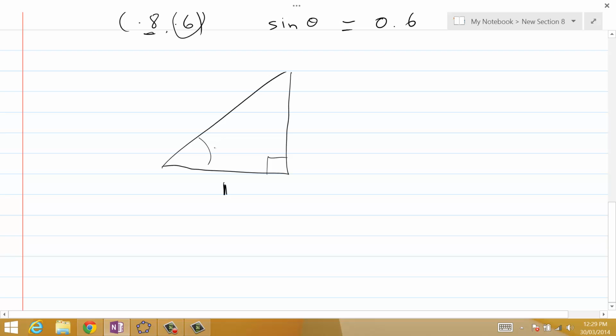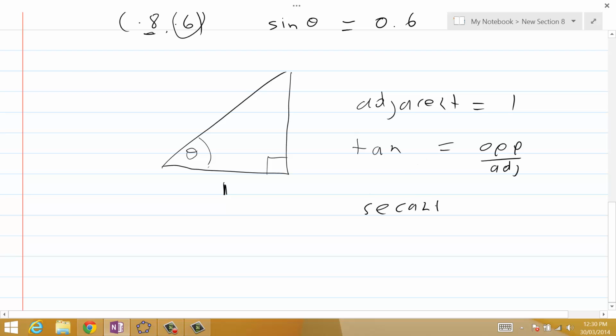Now we're talking about theta and we're talking about the adjacent side. So the adjacent side equals 1. When we're looking at our ratios, the ratios that involve the adjacent side in the denominator, tangent equals opposite over adjacent, and secant equals hypotenuse over adjacent.